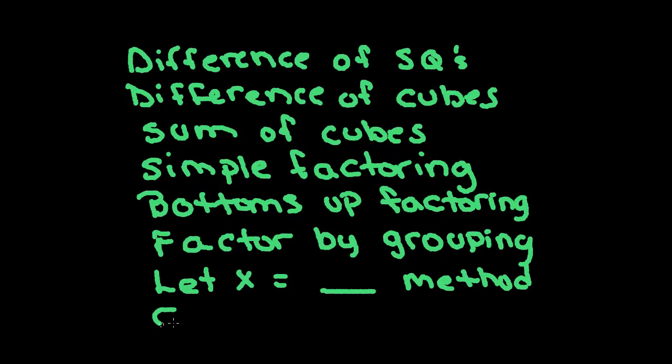And of course we always have the GCF as part of factoring as well. So we are going to use all of these different methods. And the first thing you need to do is to be able to distinguish when do I use which type of method. So that's the first thing that we're going to look at.